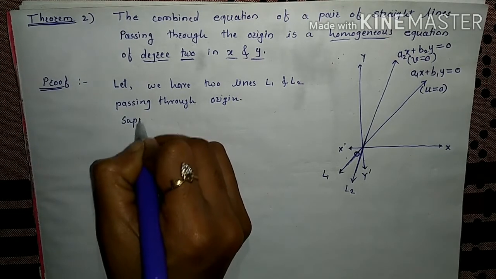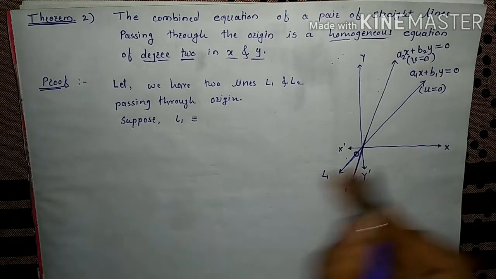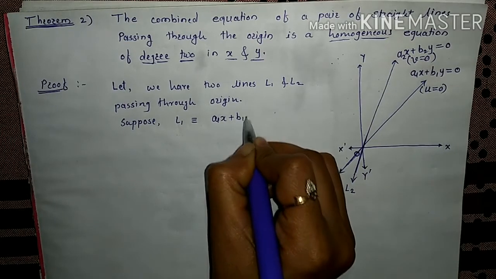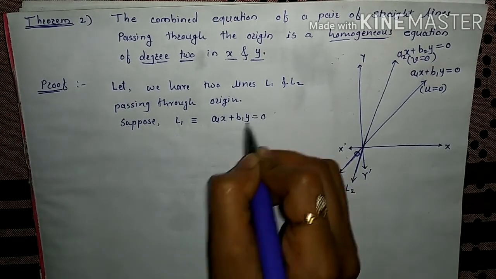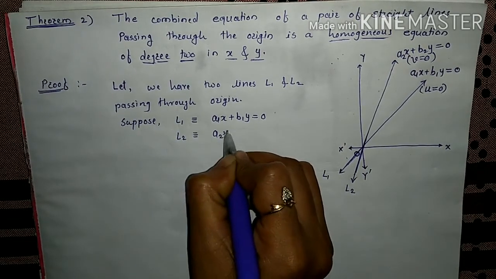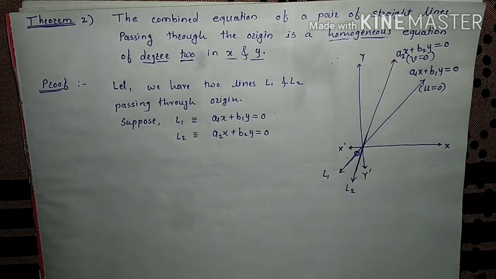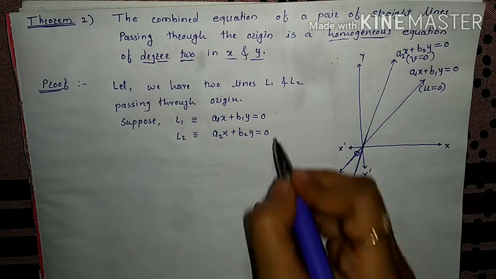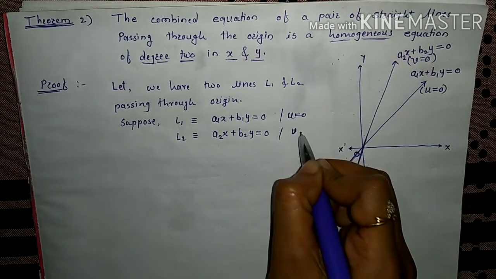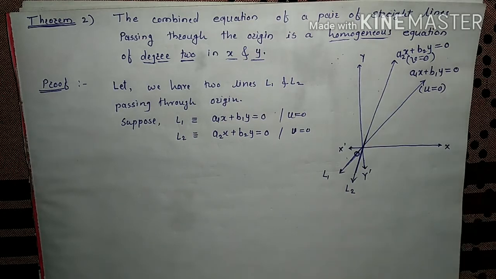Suppose L1 is a1x plus b1y is equal to 0 and L2 is a2x plus b2y is equal to 0. Also we can say that this is u is equal to 0 and this is v is equal to 0. This L1 is line u is equal to 0 and L2 is v is equal to 0.